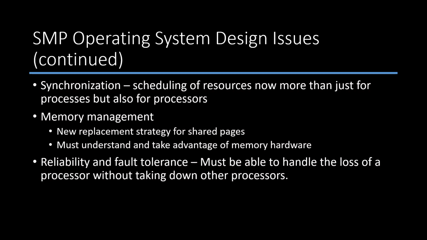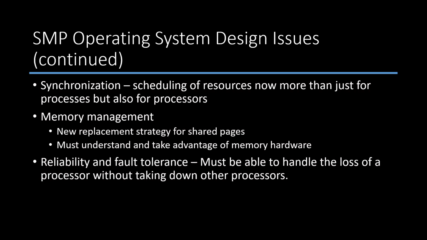So how does the operating system detect that a core has gone bad? Well, we'll talk a lot more about this in the clusters lecture, but really each core needs to send either a heartbeat, a signal saying, I'm still working, I'm still working, so that the operating system is aware that that core is still available.